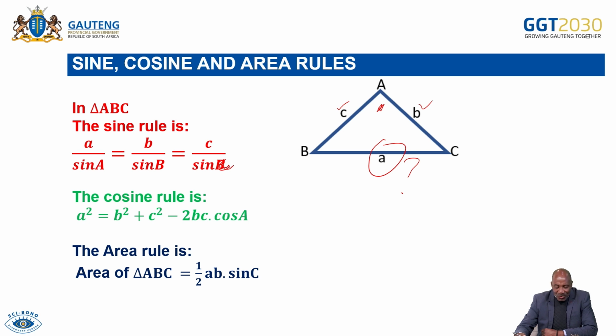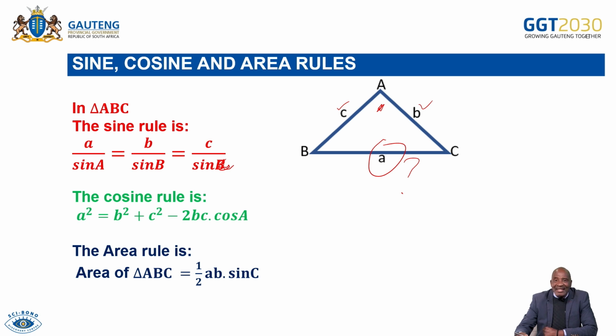Then the area rule states that in any given triangle ABC, the area of triangle ABC is half ab multiplied by sine of C. In other words, you need any two sides and an included angle to calculate the area of that particular triangle, without necessarily using the perpendicular height.